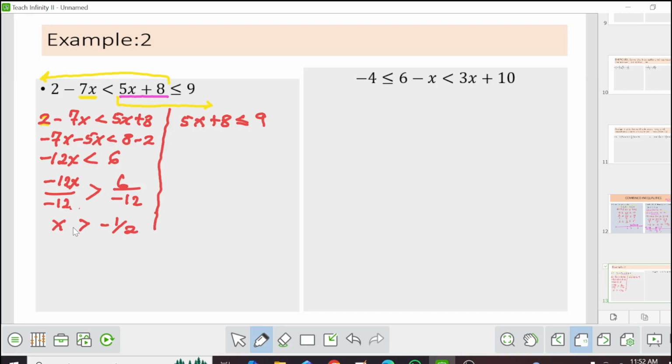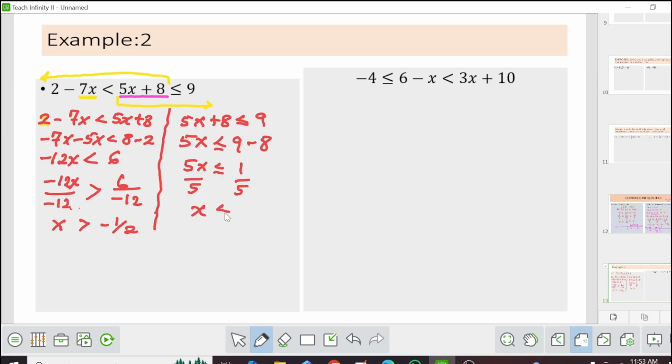Also solve this side. You have 5x less than or equal to 9. When this 8 crosses the inequality it becomes minus 8, so I have 5x less than or equal to 1. If I divide both sides by 5, the inequality will not reverse because it's a positive number.